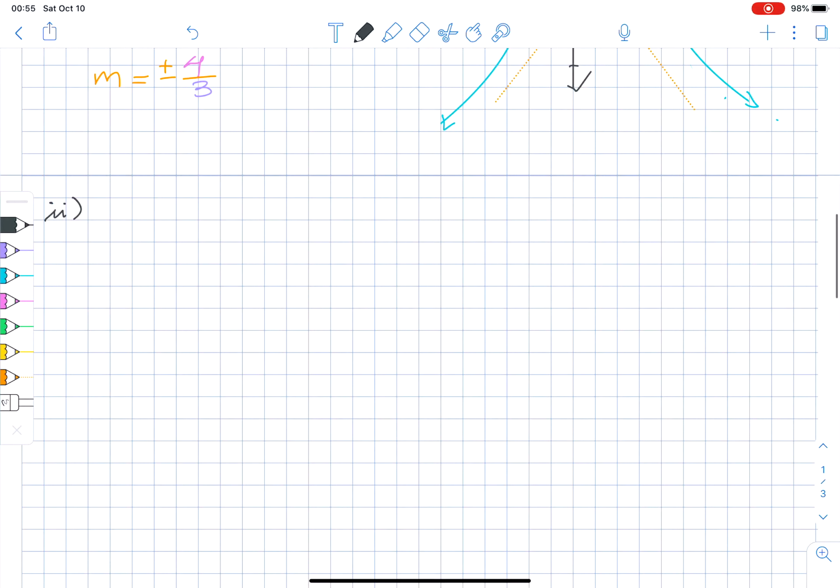Okay, so let's say now we have quantity y minus 2 squared over 1, minus x plus 3 squared over 4 is equal to 1.